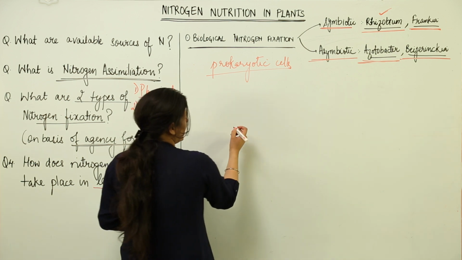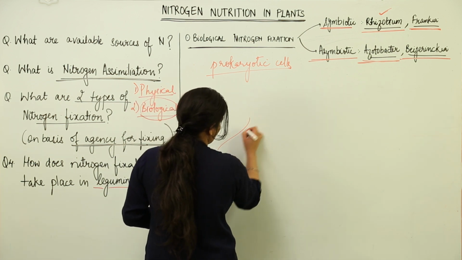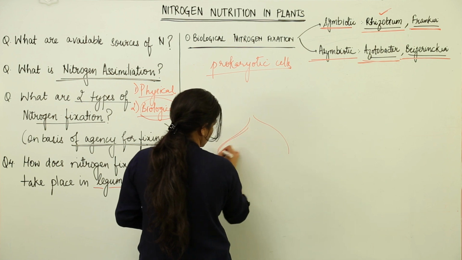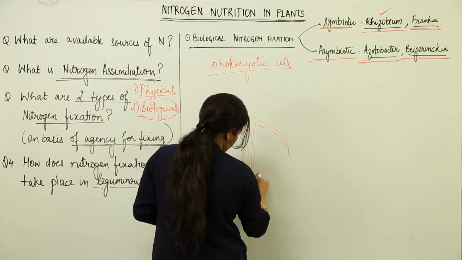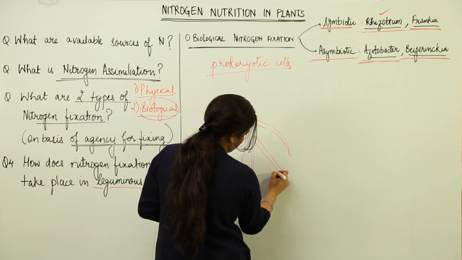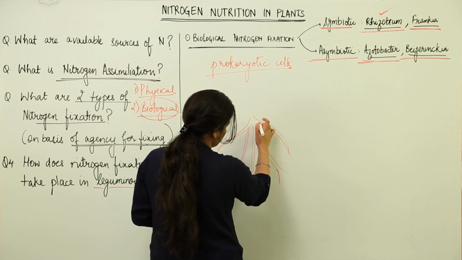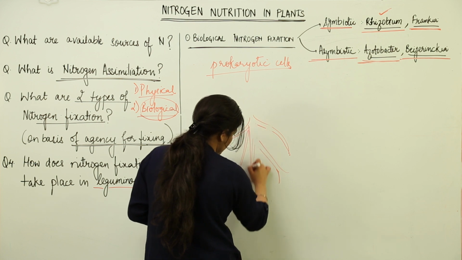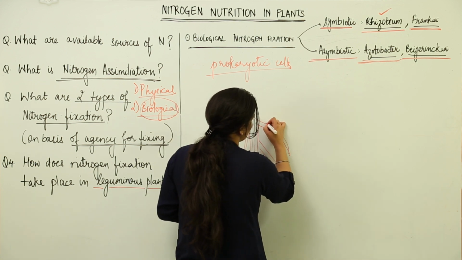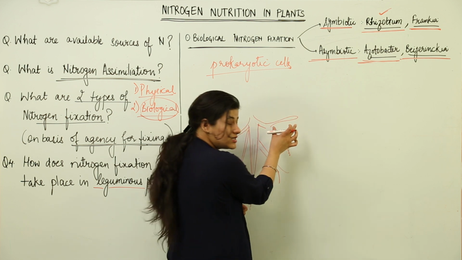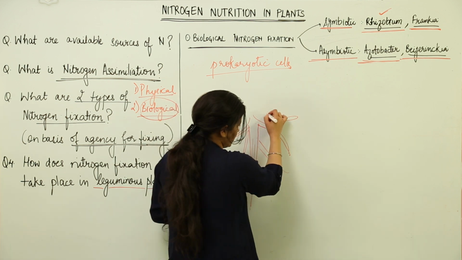Now you know, a plant has its roots, it has its rhizosphere. I am just giving you a vague idea of a root. Let this be the primary root which is going down, and these are the secondary roots, and there would be root hair present. This is a microscopic presentation of a root hair.